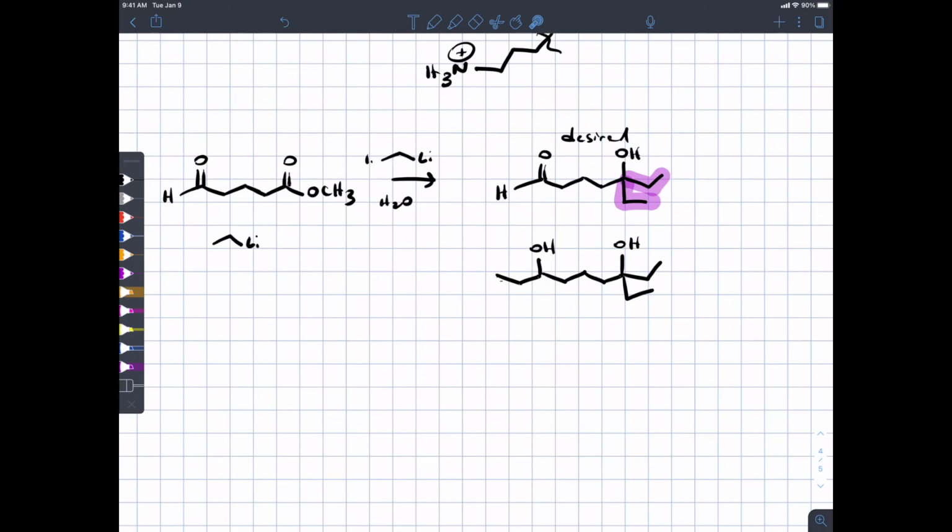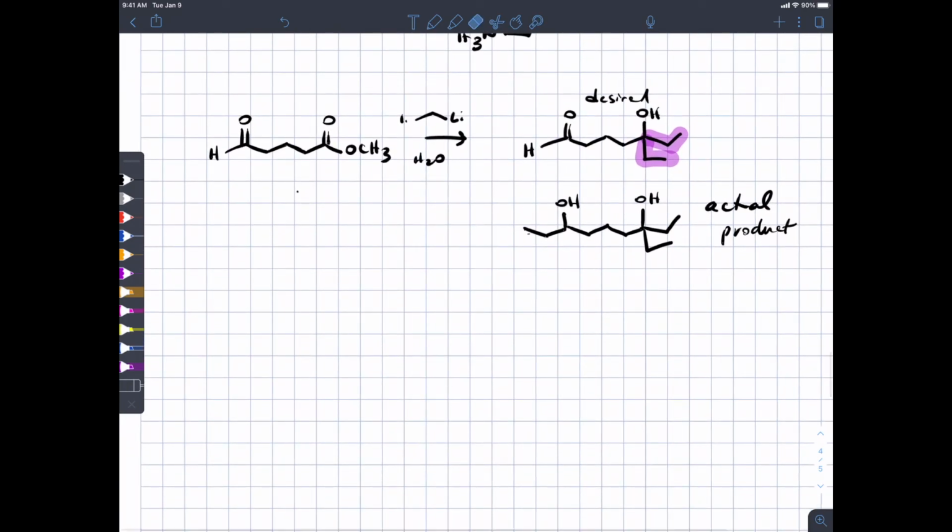So if we wanted this desired product, we would need to change our strategy. We have to convert the aldehyde into something that is not reactive as an electrophile before we expose this molecule to the organolithium reagent.